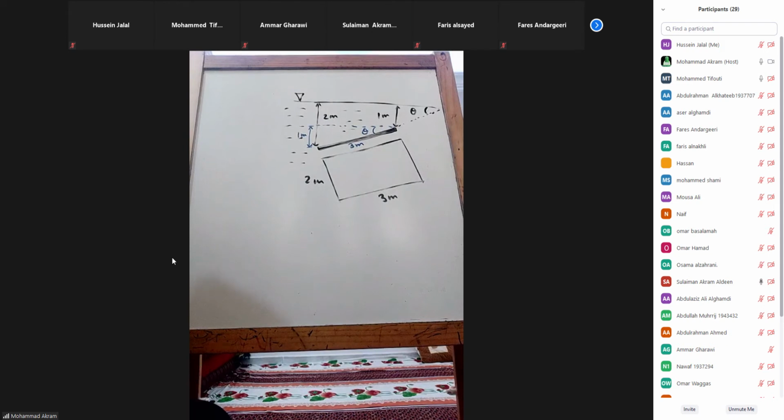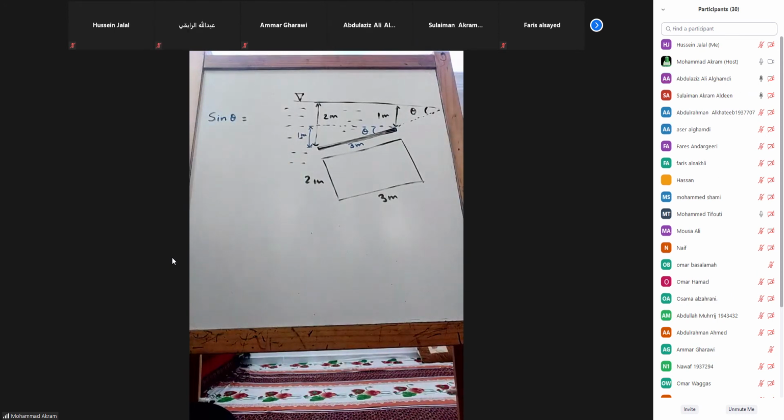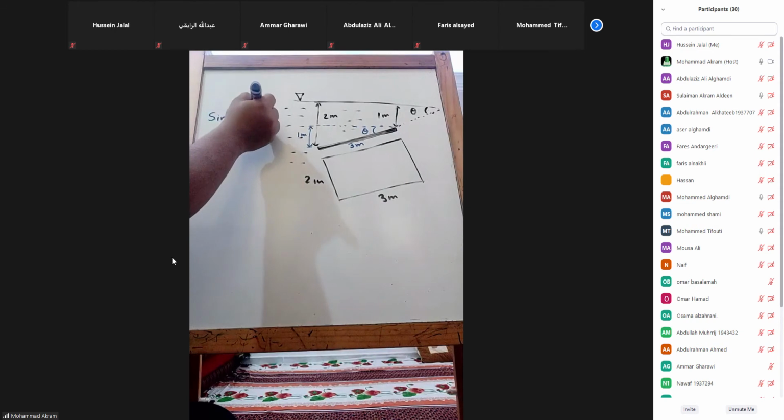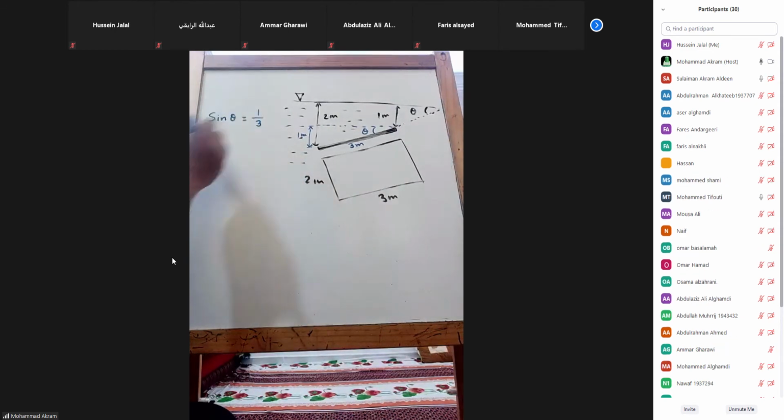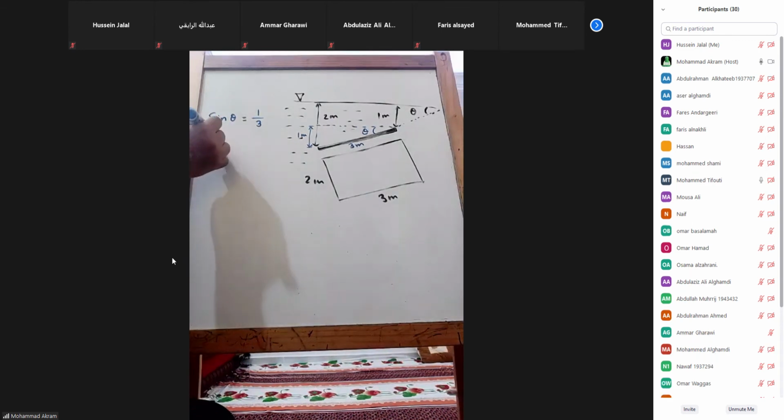Yes. What is sine theta? 1/3. Opposite divided by hypotenuse, right? 1/3. Okay. So in the formula, we need this value, right? Sine theta 1/3. Or in one formula, we need sine square theta.